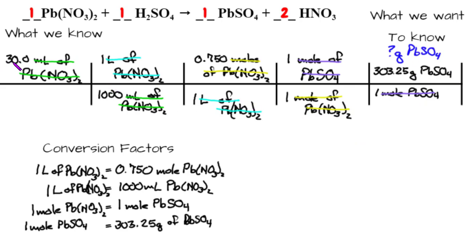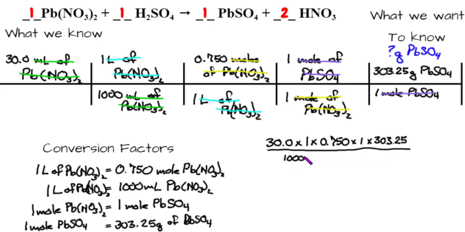That's good. So I'm going to take the number 30. I'm going to multiply by 1, which is right here. I'm going to multiply by 0.750. I'm going to multiply by 1. I'm going to multiply by 303.25. All of that is going to be over the different math problem of 1,000 times 1 times 1 times 1.